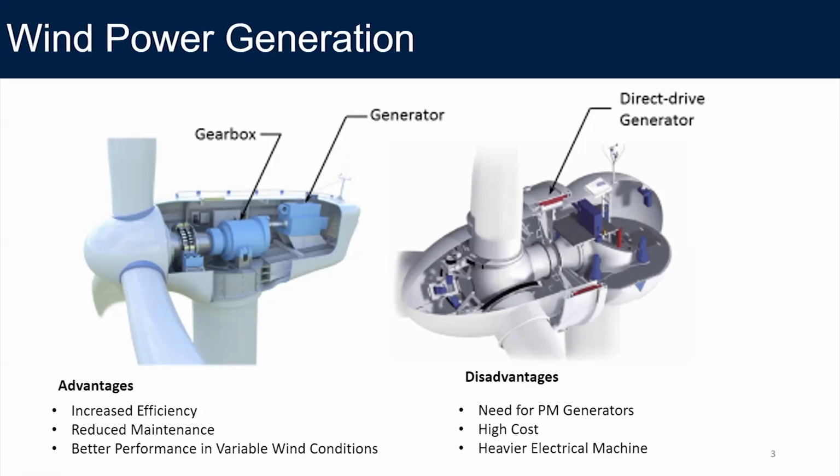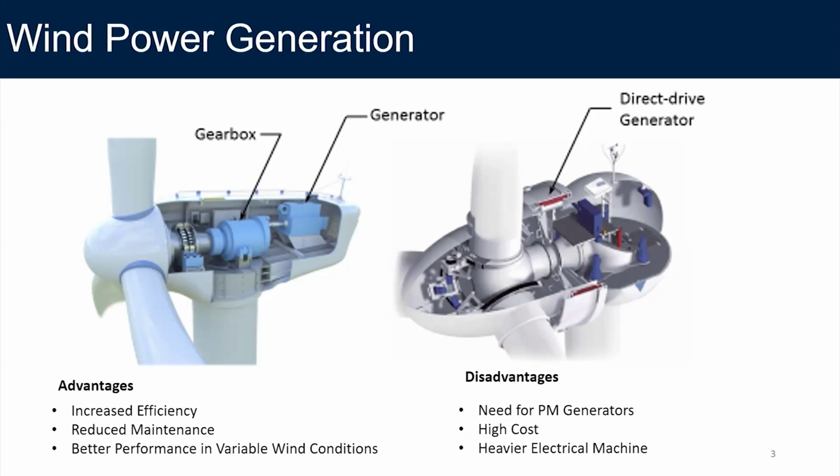So these are some of the advantages and disadvantages of direct drive. We have increased efficiency. When you get rid of the gearbox, you tend to improve efficiency because you have less frictional losses, and you have a reduction in maintenance requirement, and also it performs better in variable speed conditions. If the wind varies continuously, you have better control of the speed if it's direct drive.